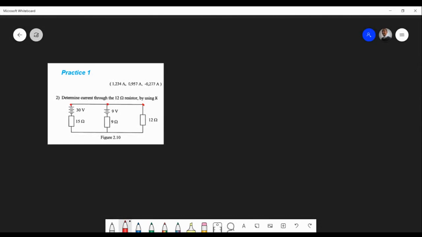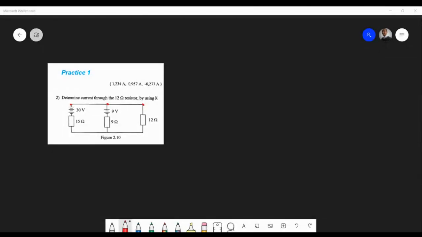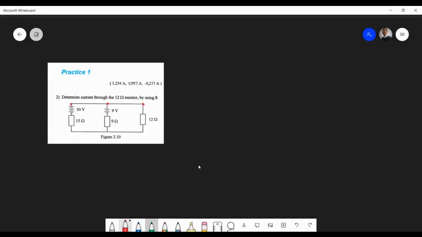Right, let's have a look here. Okay, so first step, draw a circuit, right?